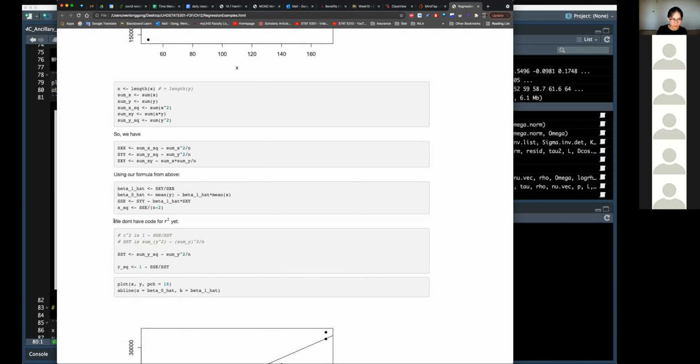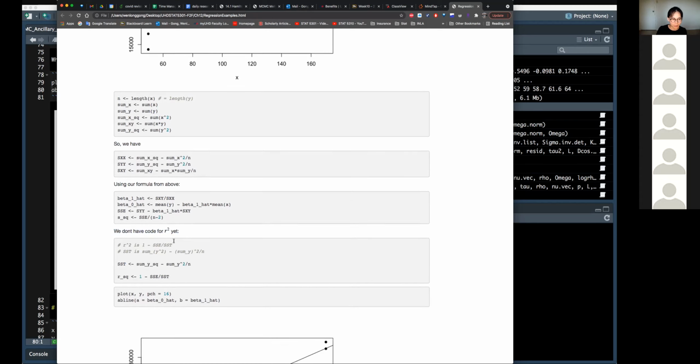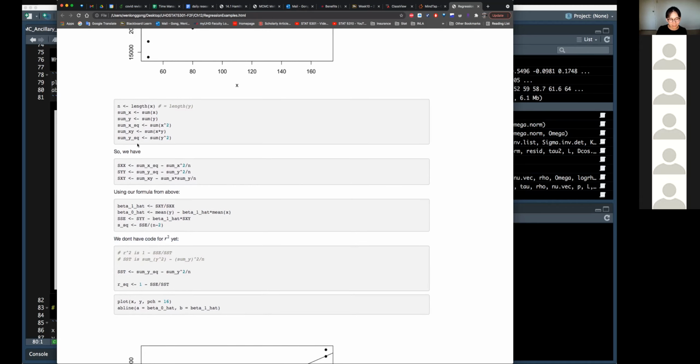I'm showing you here how to calculate R square, because we need some of these elements for the R square calculation.